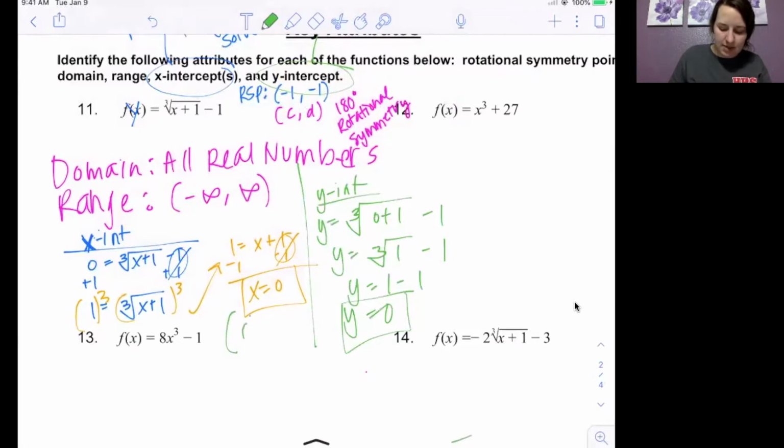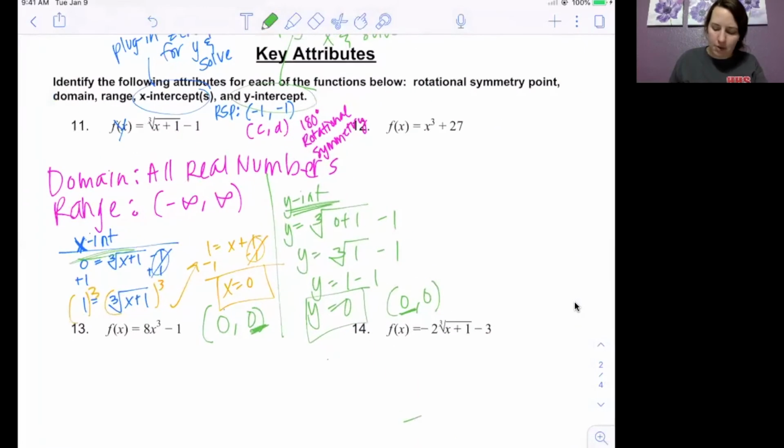So my x-intercept is at 0, 0. My y-intercept is also at 0, 0. For your x-intercept, y is always 0. For your y-intercept, x is always 0. And then you plug in the answer you get for the other part of the ordered pair. So this one happens to go through the origin, which is why the x and y-intercepts are both 0, 0.